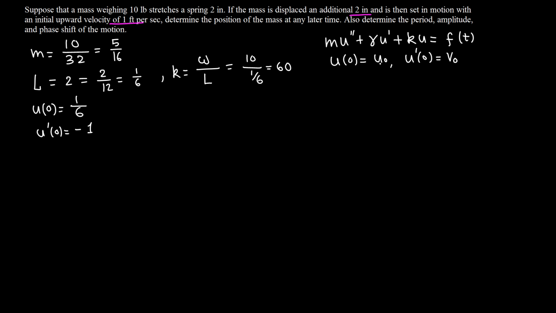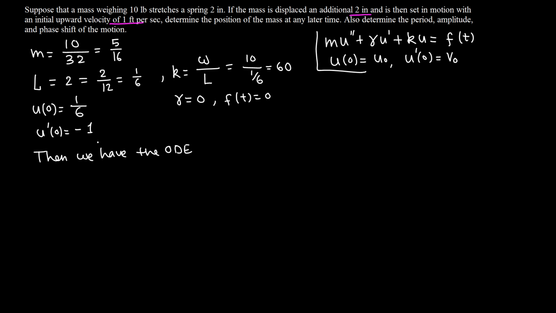That's the k. And here's gamma, which is the damping coefficient, and there is no mention of damping. That means gamma is 0. And there is no mention of external force, so f of t is also 0. Okay, then we have the ordinary differential equation, m u double prime.